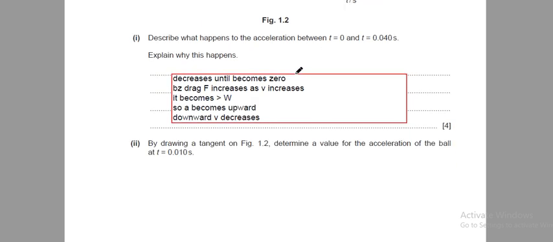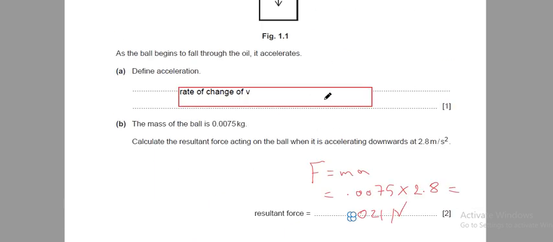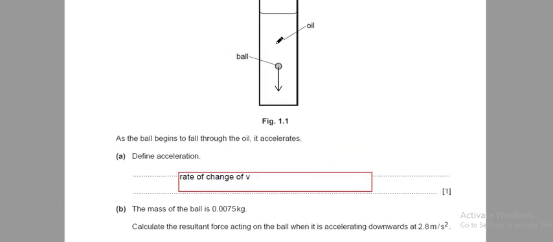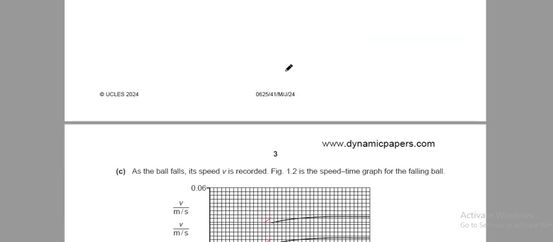This is because the drag force increases as the velocity of the ball increases. The ball here is falling under its weight, free fall, but the drag force increases with the increase of velocity of the ball under the acceleration.